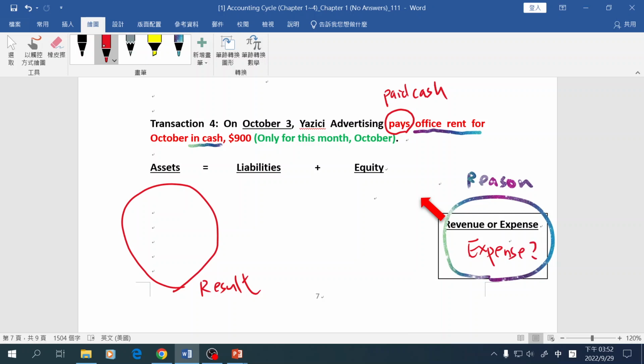Okay? So the reason tells me what kind of expense. Because of these expenses, increase or decrease. So don't forget, increase or decrease. How do they affect your retained earnings, right?